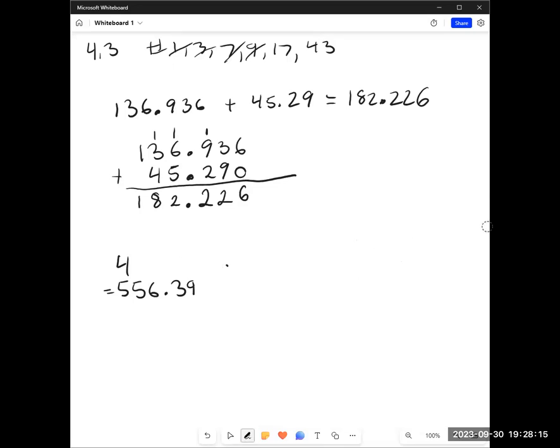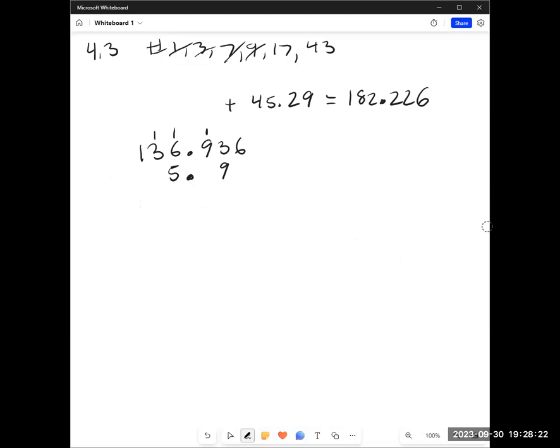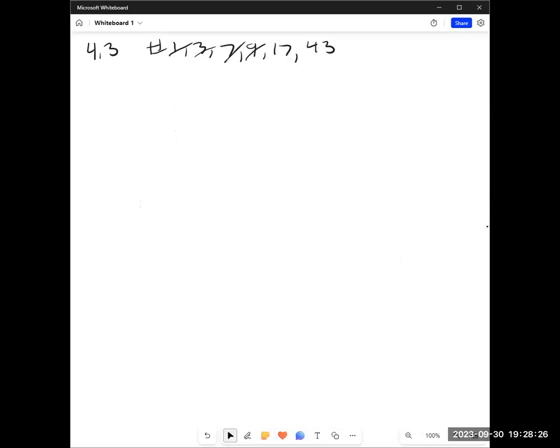Now my instructions changed just slightly in the next problem or two. They use a word that's equivalent to the addition sign, but they don't give me the addition sign.